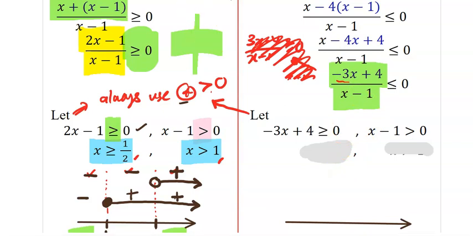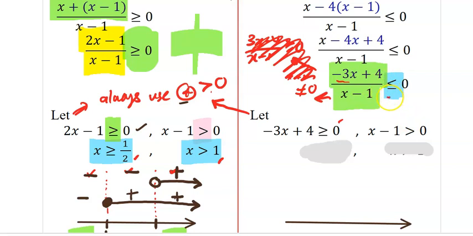And for your information, again, why there is one with equal and one without equal depends on this part I highlight in blue, whether it has an equal sign or not. And once again, the denominator shall never ever equal 0. Therefore, you can see for the top terms, negative 3x plus 4, we have equal. Denominator, we don't have equal.